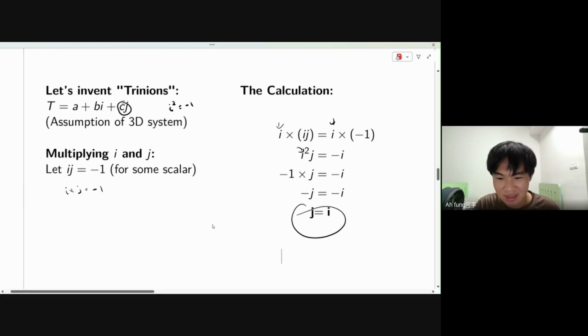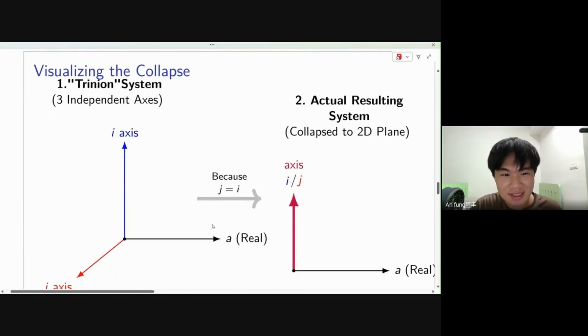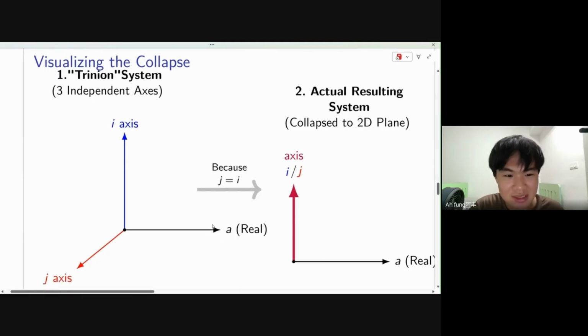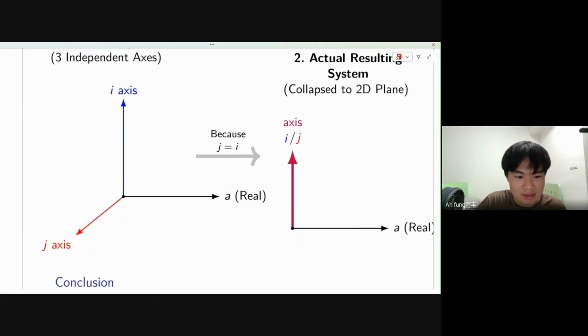It's weird. But let's see why it's weird. Initially, we are inventing a 3-dimensional system for a, i, j. But what we actually get is the result i is equal to j. This j axis becomes an i axis. Then instead of inventing a 3-dimensional system, we are just making the 2D stuff.